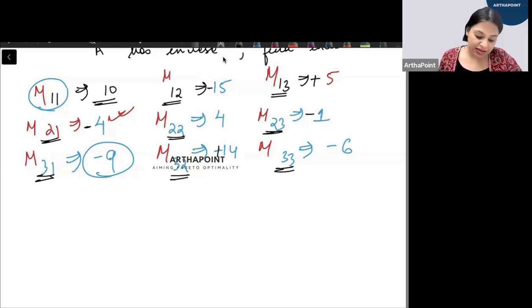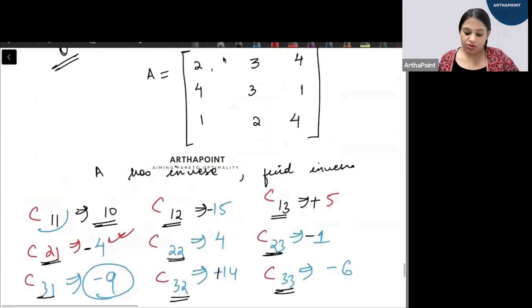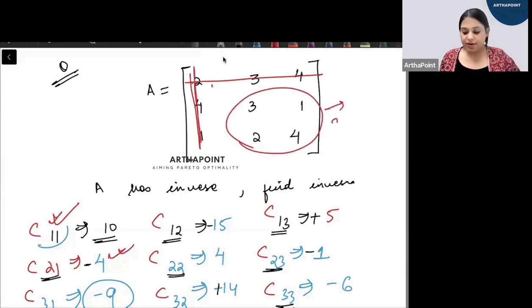So when we do this, it will be converted to cofactor. Are you understanding what I did? Earlier we had only found minors. A minor is nothing but, if I have to take the minor of first row first column, the first row and first column will be gone, I will be left with this and I can find the minor of this.